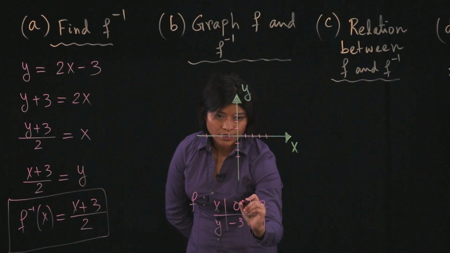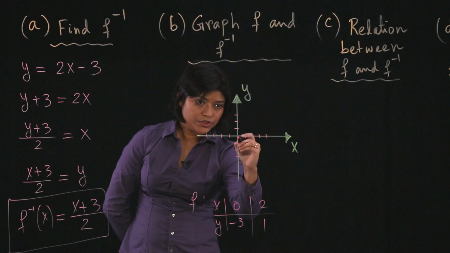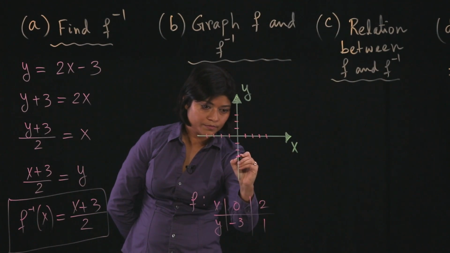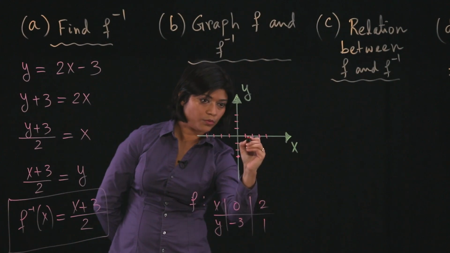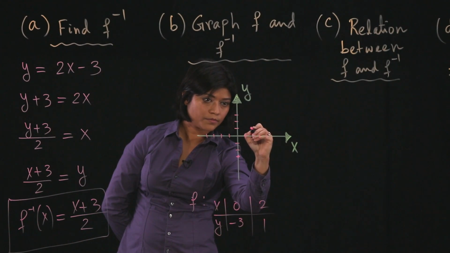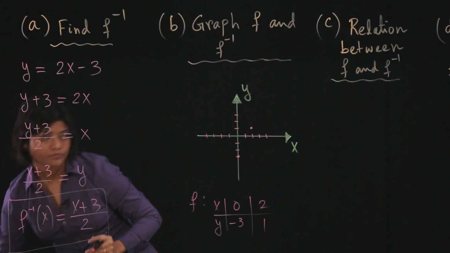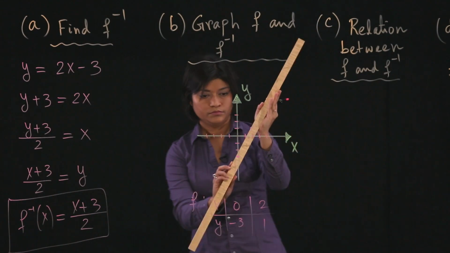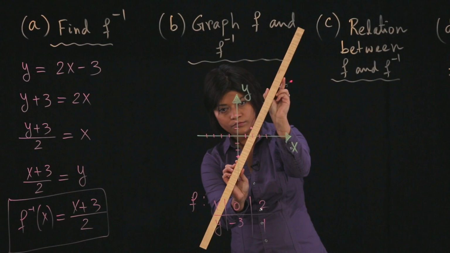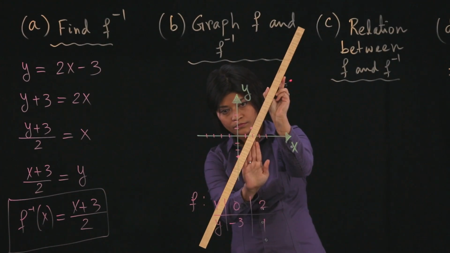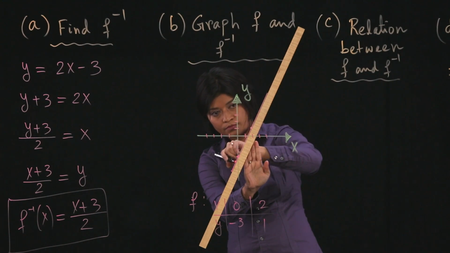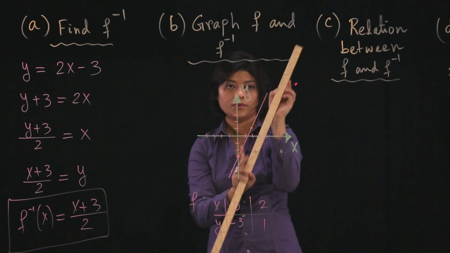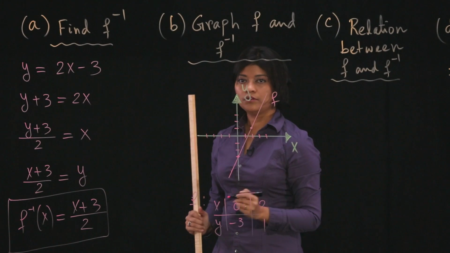So our points are (0, negative 3) and (2, 1), right here. So this is function f.